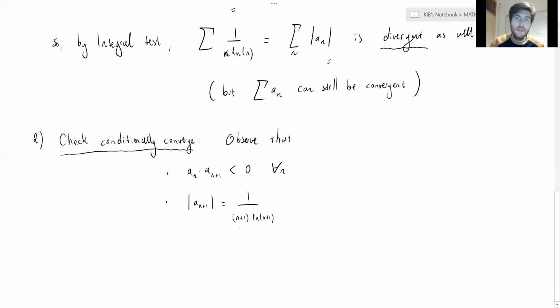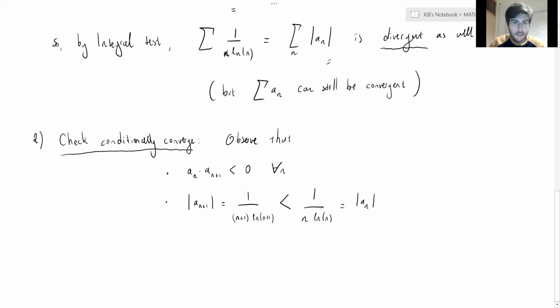But we know that the logarithm itself is an increasing function. Therefore, when you look at its multiplicative inverse, you have something like this, which is nothing but the absolute value of a_n.